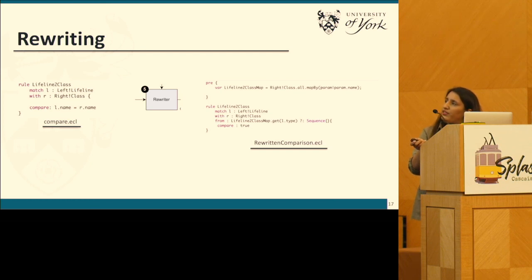It will filter this R array, and it will just compare the ones which have the same name. So L.type would return the name of the lifeline, and this class map is the index that we've generated here. So in the compare block, we're just writing true. So it will only compare the lifelines with the classes. This is a simple example of the rewritten script.